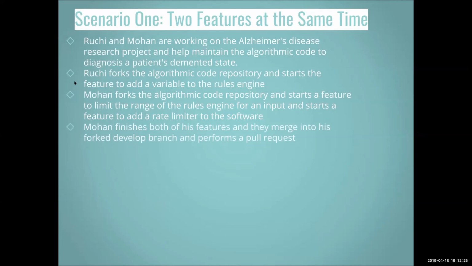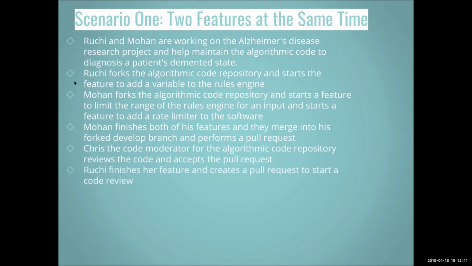Mohan finishes his features, merges his changes into the develop branch, and performs a pull request to the code moderator. Chris, the code moderator for the algorithmic code repository, reviews the code and accepts the pull request. Ruchi finishes her feature and creates a pull request to start a code review.